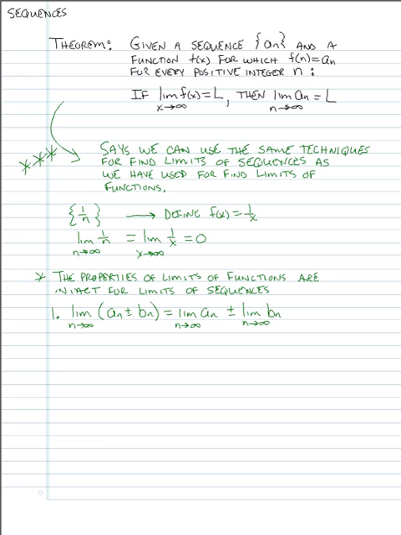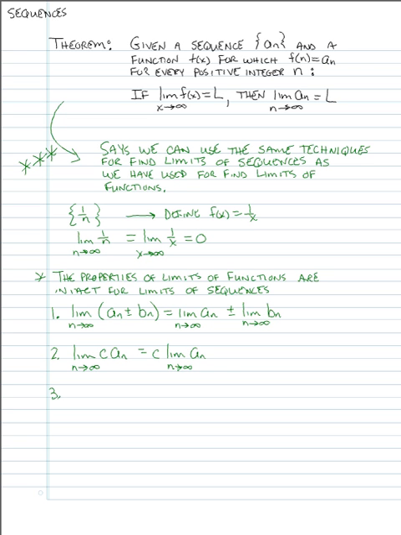Looks very normal, doesn't it? The second property: the limit of a constant times the terms of a sequence, and that constant is the same constant all the way through, is the constant times the limit of the terms of the sequence. So we can factor that constant out.